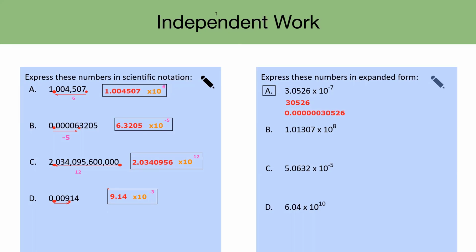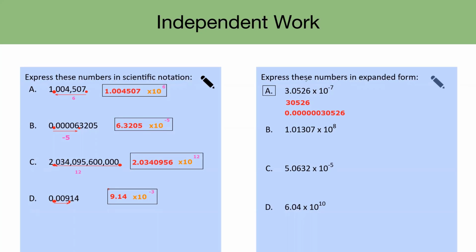And to display this a little bit further using a little bit of drawing, remember our first location where the decimal place was right here. So we moved the decimal place once, twice, 3 times, 4 times, 5 times, 6 times, 7 times. And that makes this work out properly.